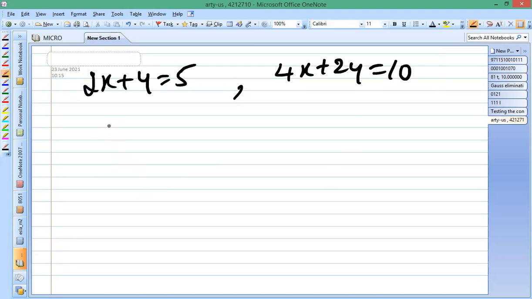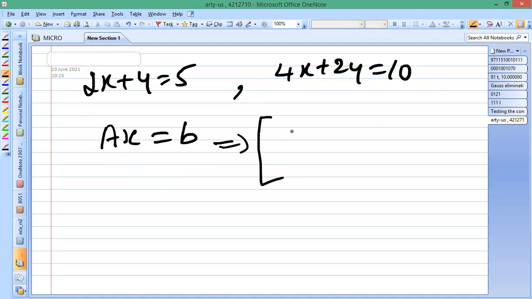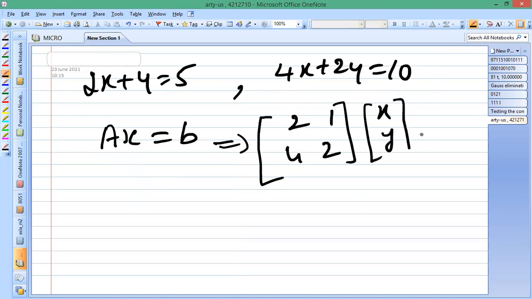First, you have to write a matrix A and write the given equations in the form of Ax is equal to B. So which implies what? The first row elements are 2, 1. The second row elements are 4, 2. Multiplied with the variables x, y, which is equal to 5, 10.